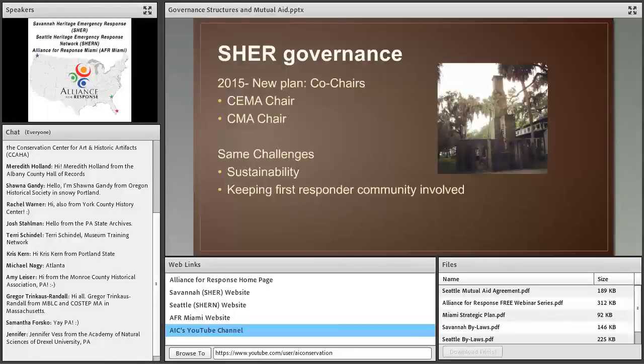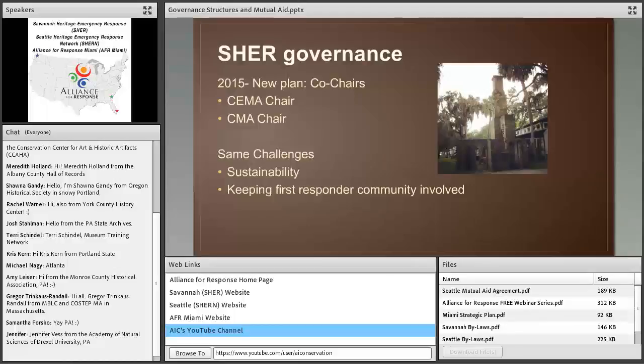And so I took on the role of basically a liaison to SEMA, and working a lot with our partners in the community, and then having a CMA chair. Yes, it is that confusing, where CMA stands for Coastal Museums Association. And this is our local, more regional, though, because it extends to several counties and a little bit up into South Carolina.